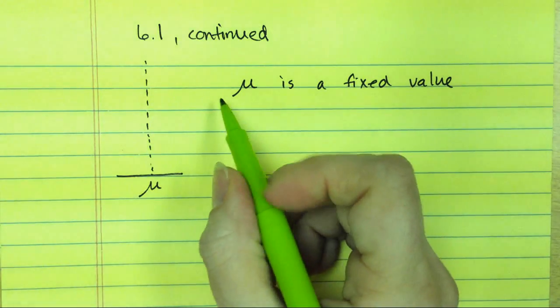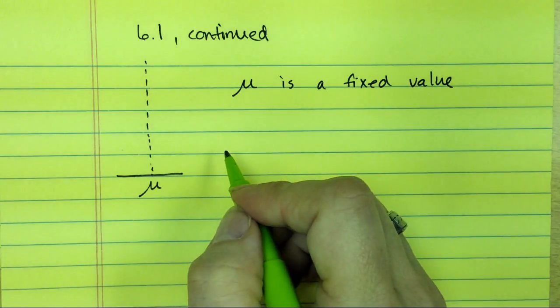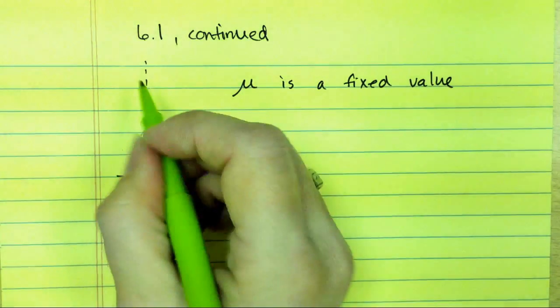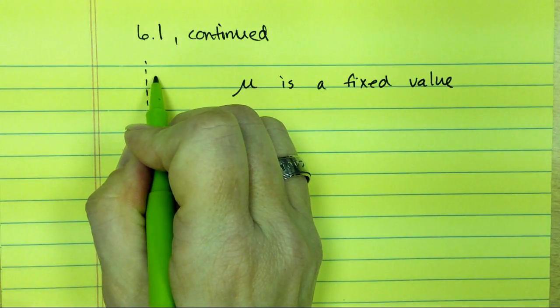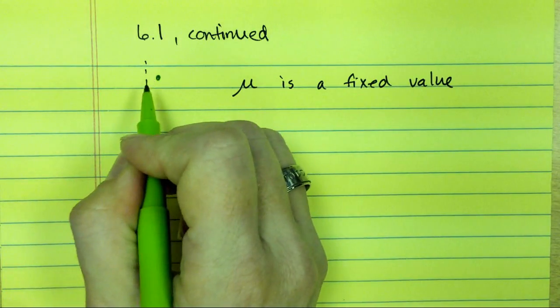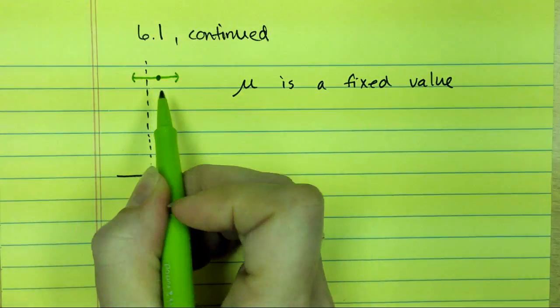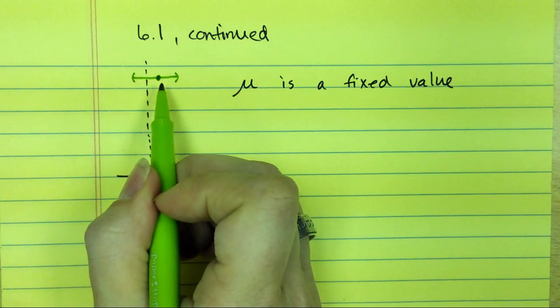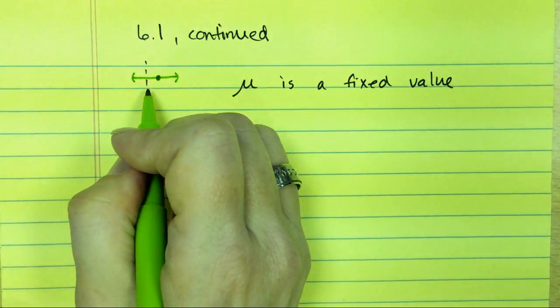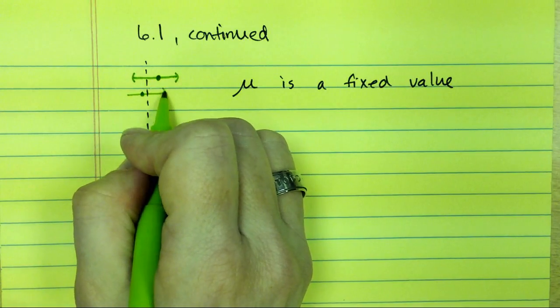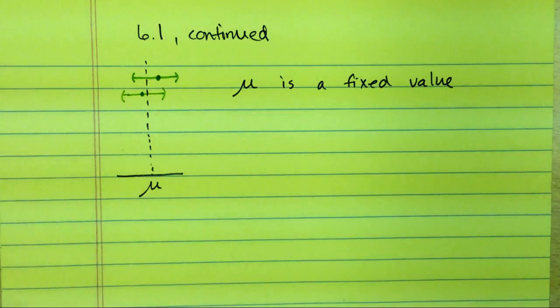So let's just say I'm going to draw several different confidence intervals because, as you know, I could take one sample. Let's say this sample has a sample mean that's slightly above mu, and my confidence interval goes from here to here. Well, this particular sample happens to capture my mean. So let's say I have another sample and it's over here and I'm going to have the same size of confidence interval and it also captures mu.